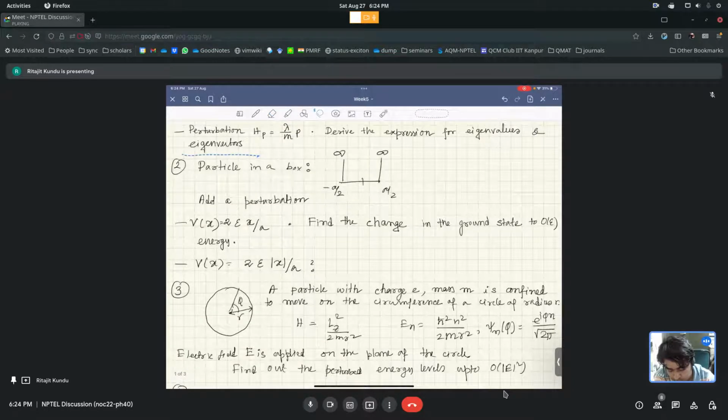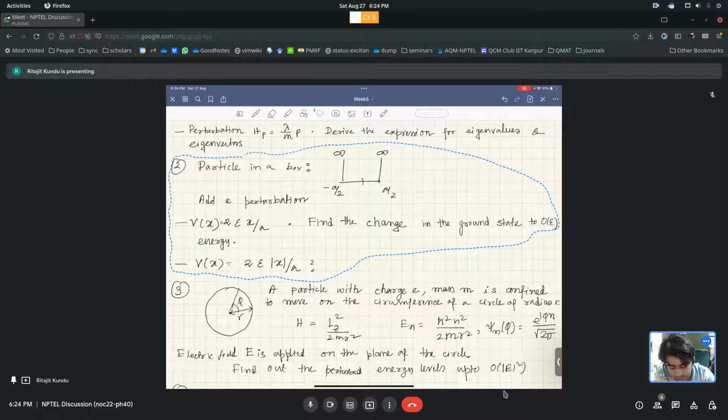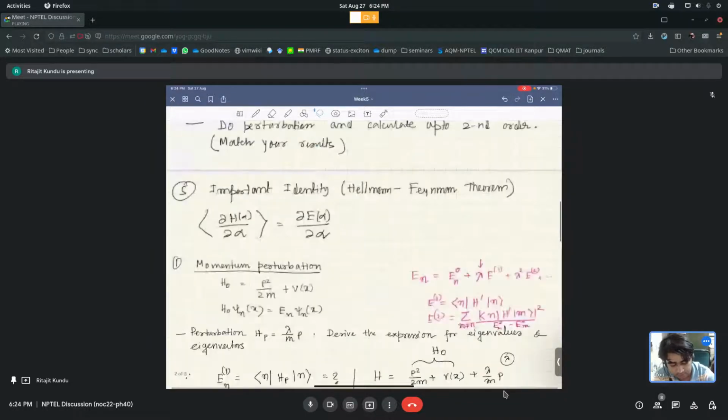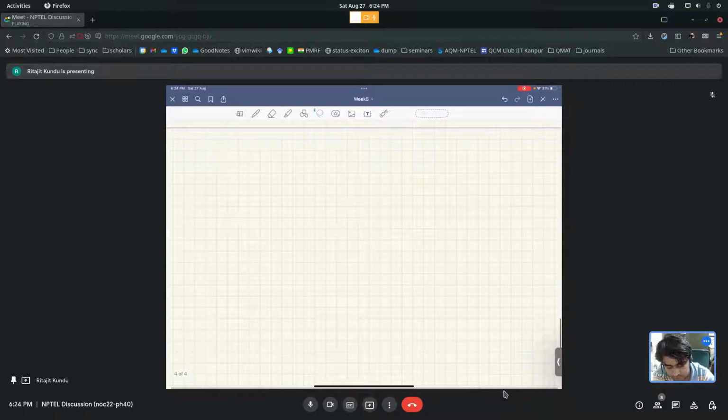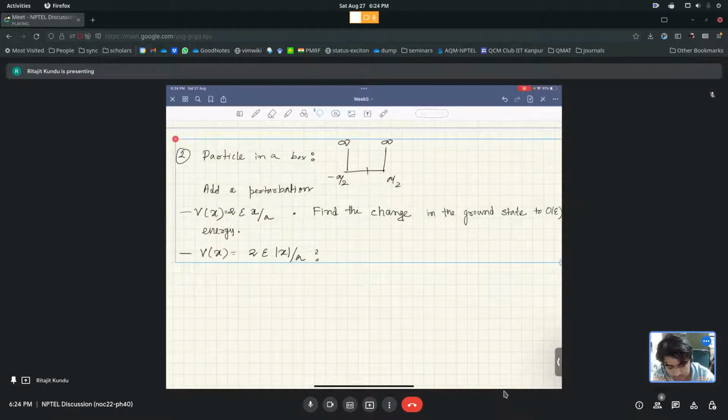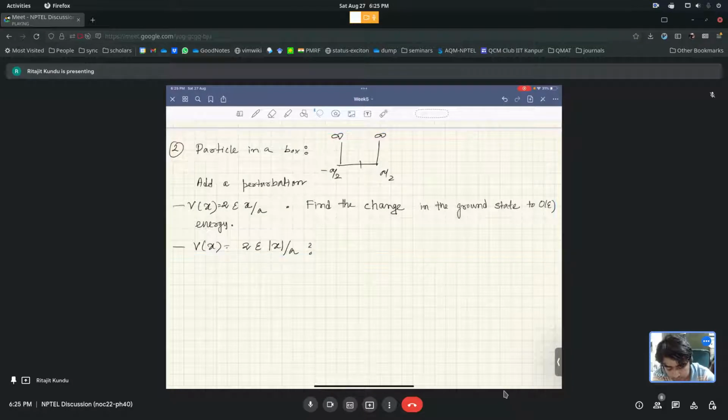So this is about a particle in a box, and there is an additional perturbation to that. In this case we have a symmetric potential well which goes from minus a by 2 to a by 2.